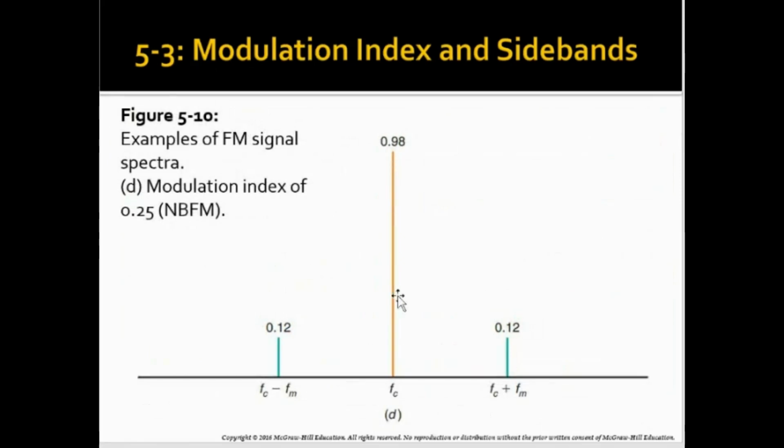So this is the carrier power and this is the sideband power. Here the bandwidth is smaller. If you don't have enough power, you need to increase the power to achieve enough signal to noise ratio. So these were a few examples of FM with different modulation index.